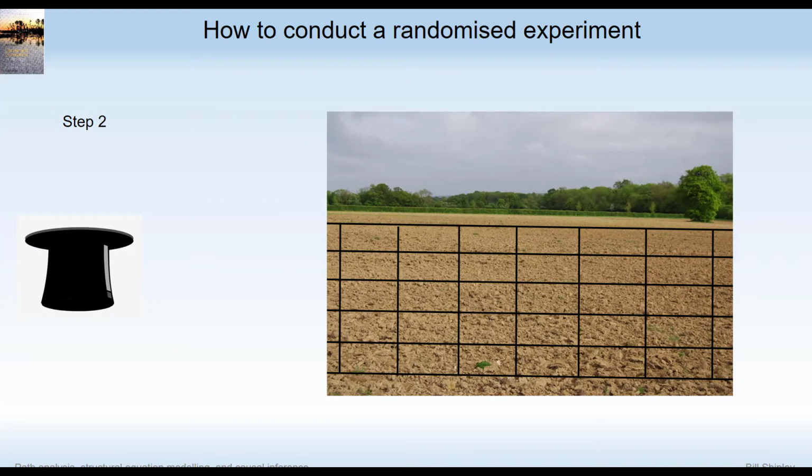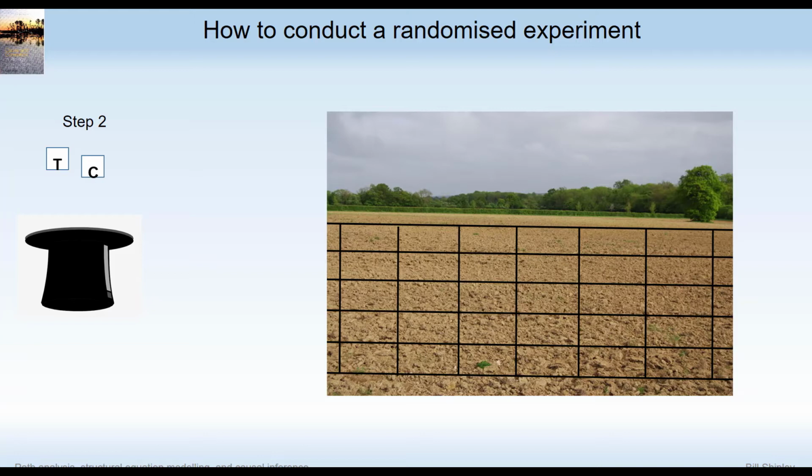The second step is to randomly allocate the treatment or the control to each plot. One way to do this is to simply take a little piece of paper, one for each plot, and then write a T or a C on it, and then randomly draw these pieces of paper from a hat after thoroughly mixing it.